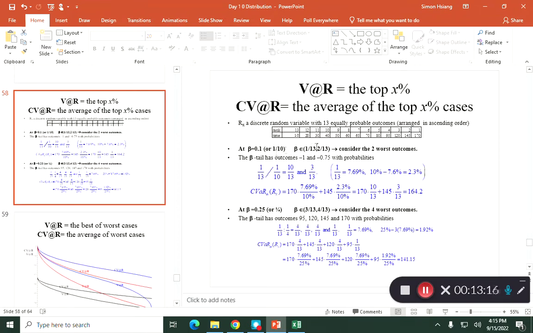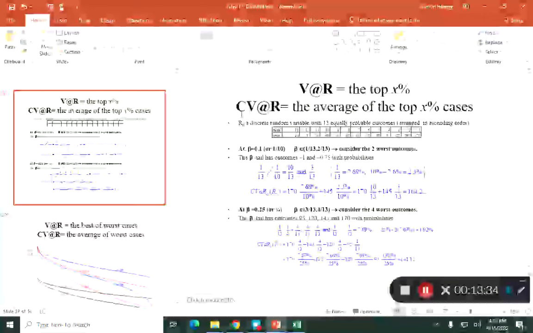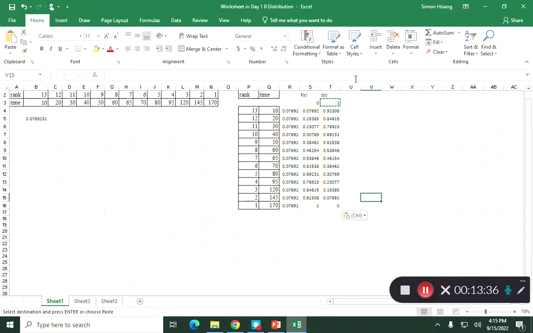So if 10% of beta, just 1 over 13, is that good enough for 10%? No. So you need to have a little more than 10%. You probably need the worst 2 outcomes to reach that 10%. Because 1 over 13, you know, is only 7.69%.